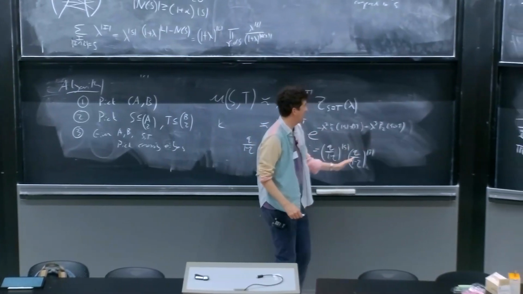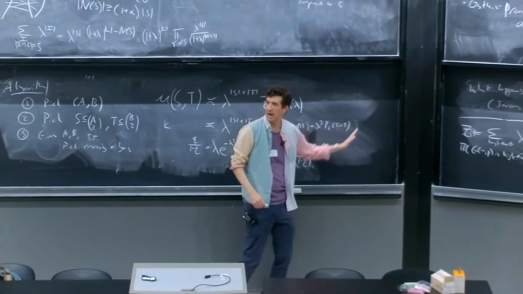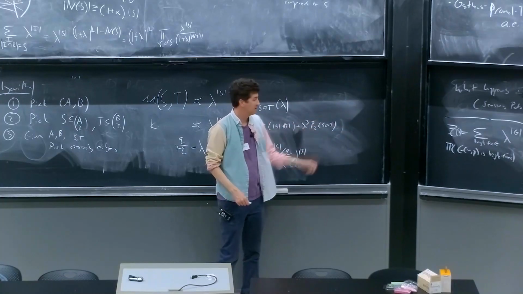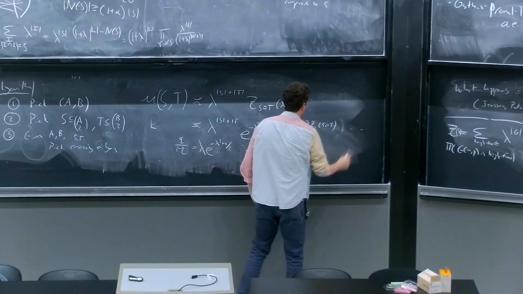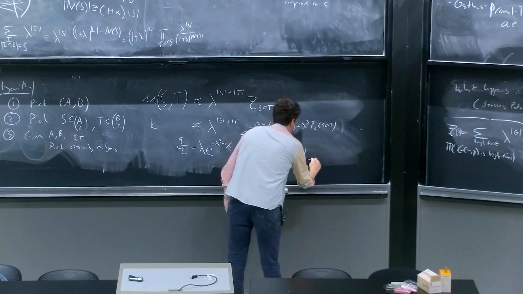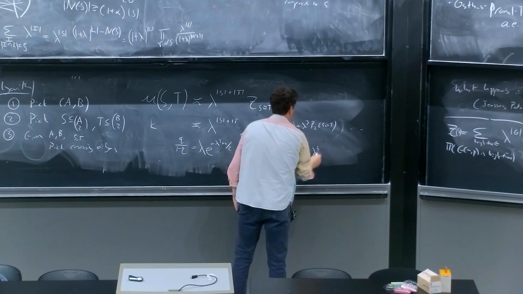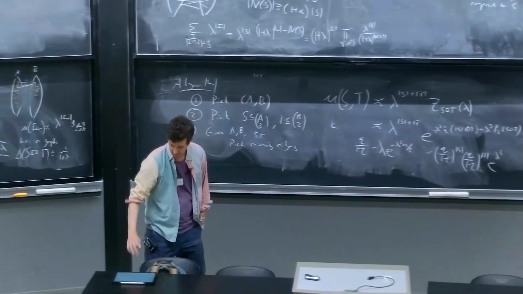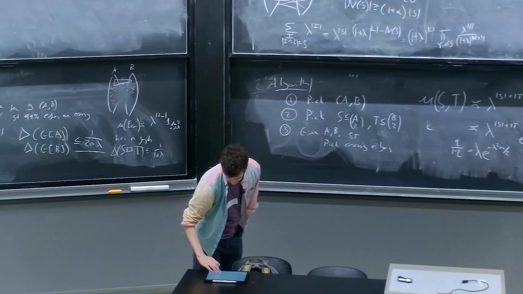Okay, so good. But you still have to deal with this, right? I didn't even say how to deal with the higher order terms, because this is really an infinite expansion. So assume that we threw away that stuff. You still have e to the lambda cubed P2 of S box T. Now I have to remember what it is.